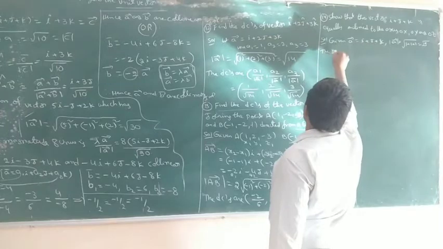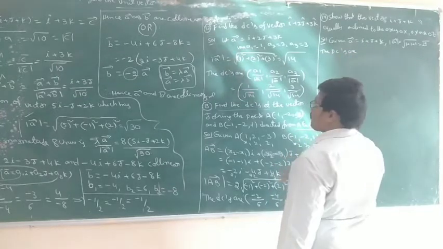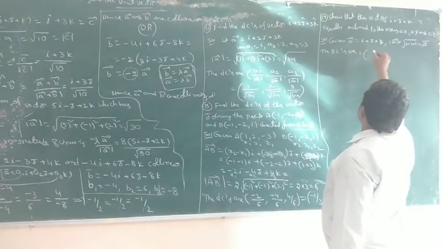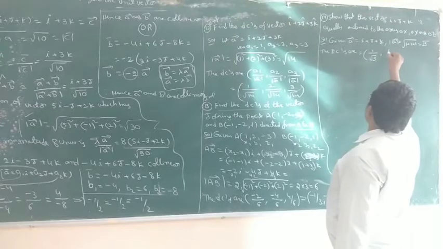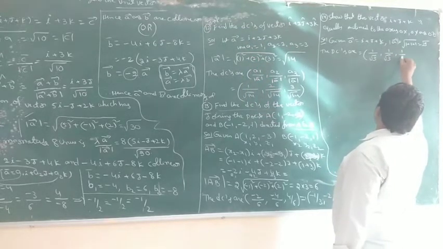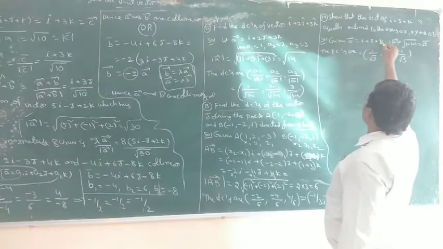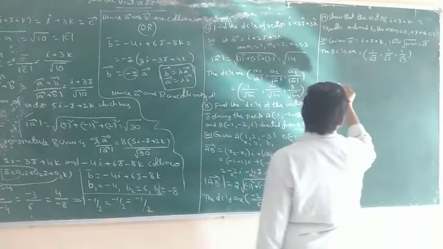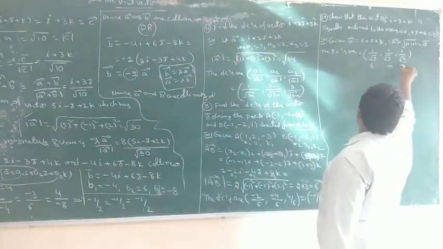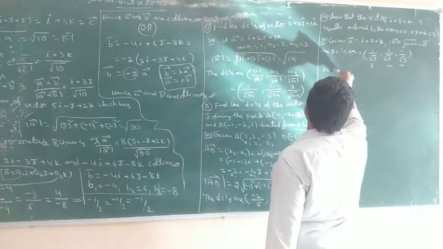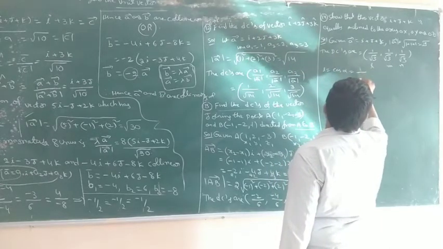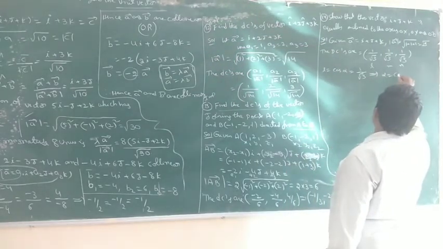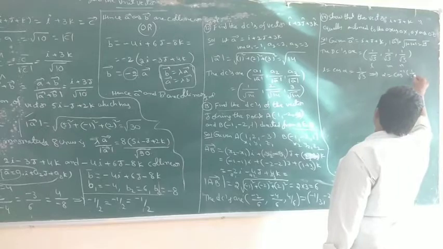So the direction cosines are 1 by root 3, 1 by root 3, 1 by root 3. Direction cosines are denoted by L, M, N. So L is equal to cos alpha is equal to 1 by root 3, that implies alpha is equal to cos inverse of 1 by root 3.